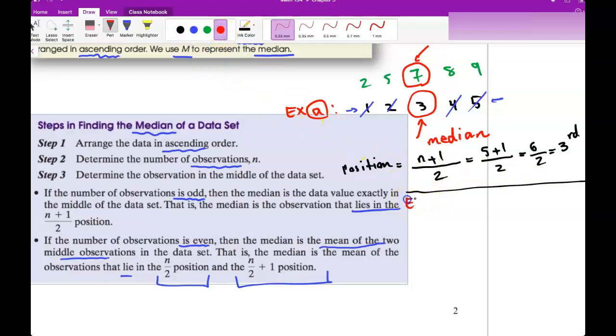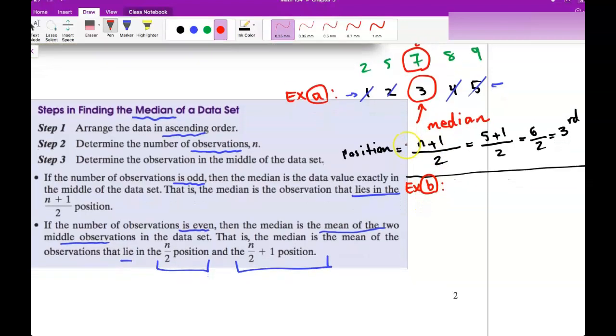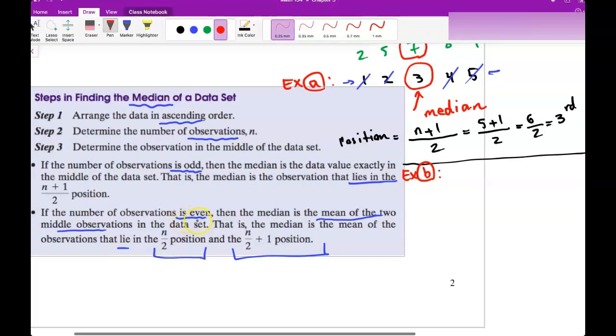And now another example for part B, when n, the number of observations, is even. Example: 1, 2, 3, 4. I'm using the easiest example I can have here to start.